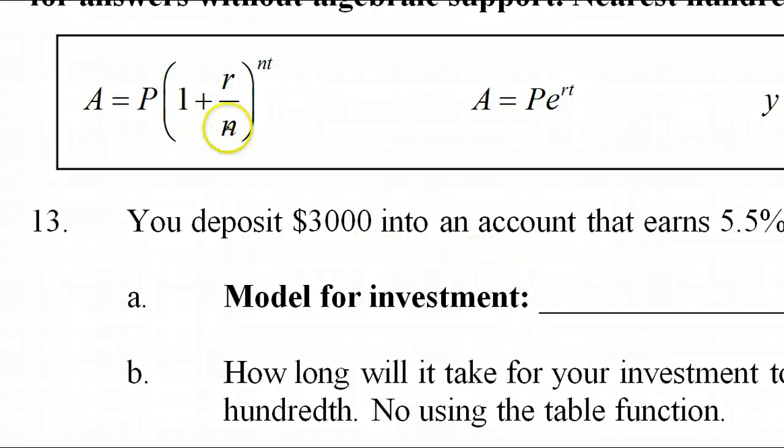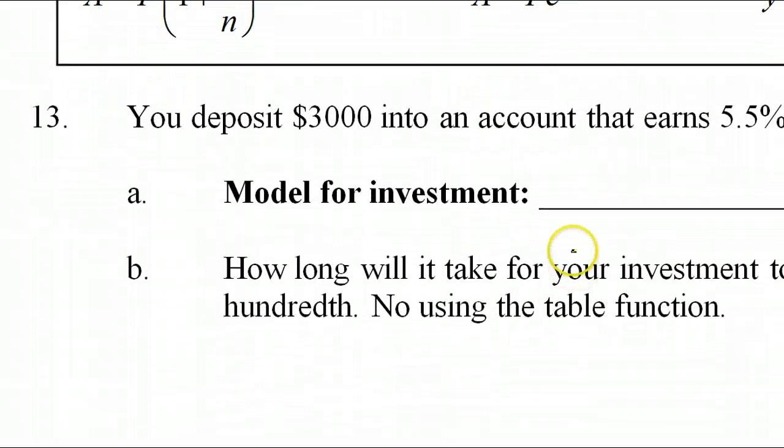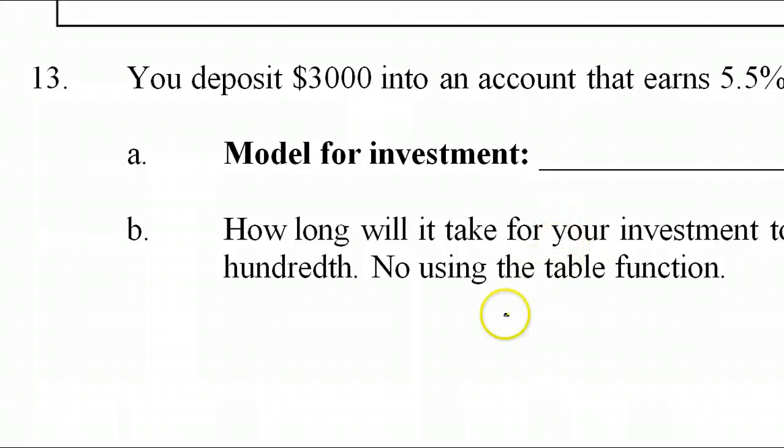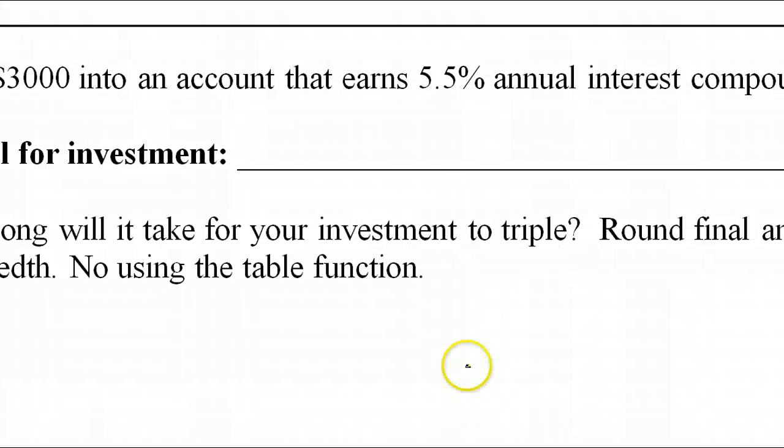Alright, if they mention how often it's compounded, then it's going to be this formula. If they say continuously, then it's the Pert formula. Okay, so we know we're using that formula.